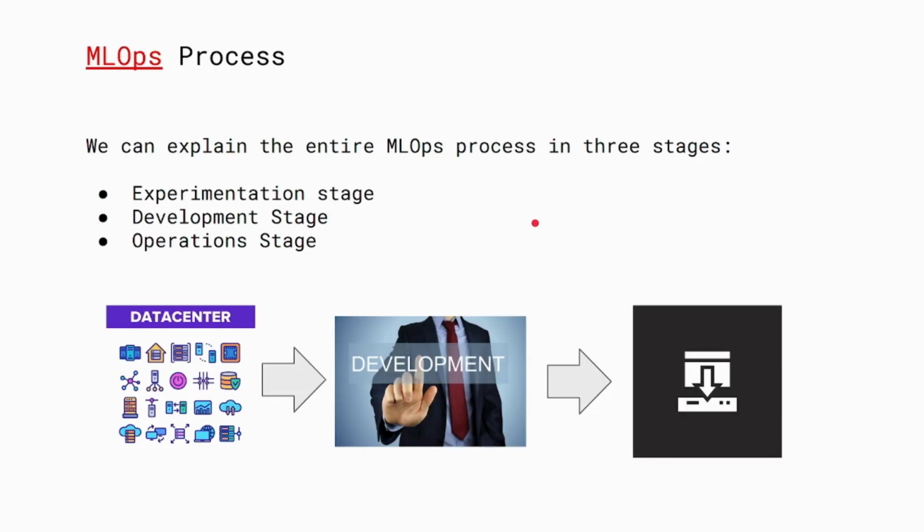What is the MLOps process? The first stage is the experimentation stage, where the data is collected, prepared for training the model, along with the model selection. Then comes the development stage, in which the model is trained and tested. And the last is the operation stage, where the model is hosted on servers as a service and is continually retrained over newly coming data and revalidated at the same time.